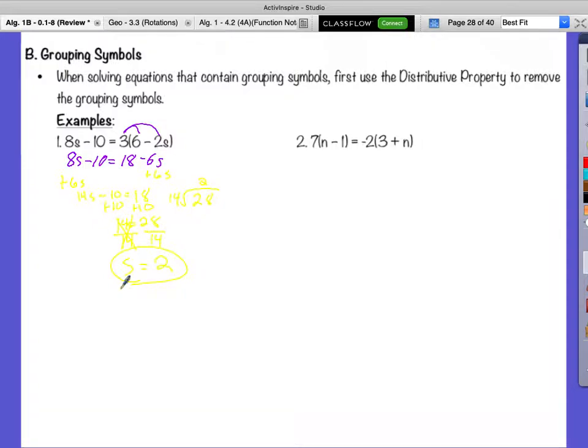I want us to do number 2. Yep. Heads up, you will get a fraction here. You will get a fraction. Fractions don't scare us, though. 9 minus 7 equals -6.